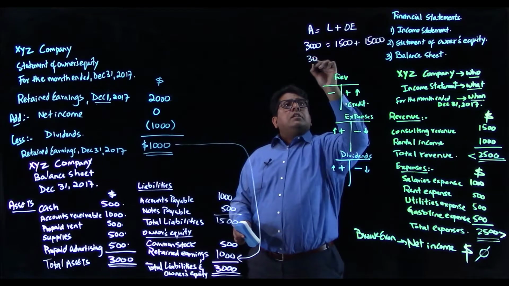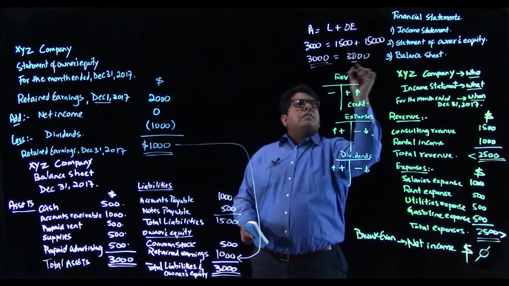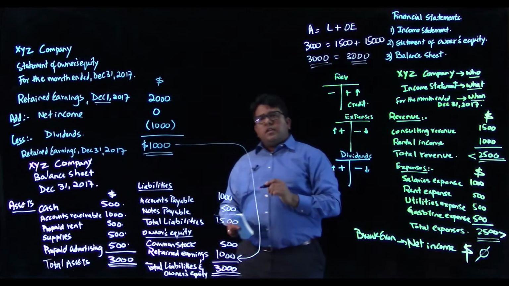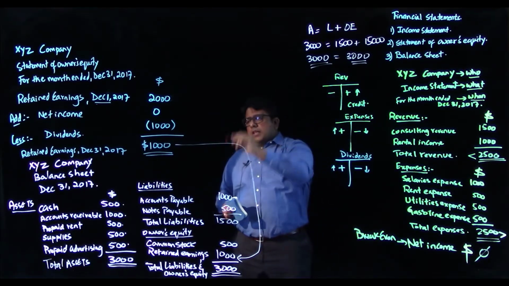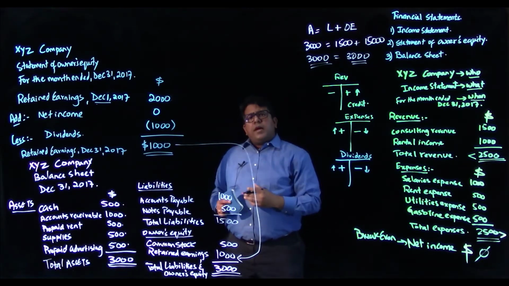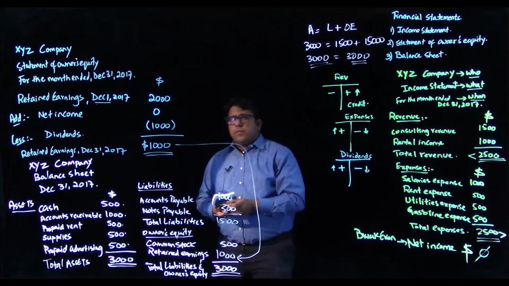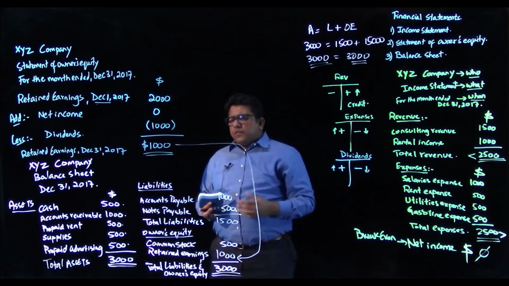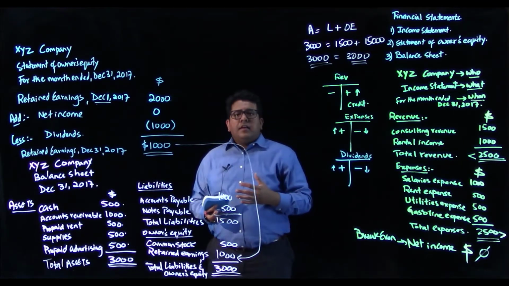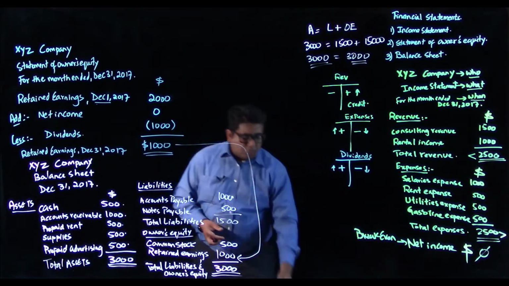So 3,000 equals 3,000, which proves that this statement is correct. It gives you the whole breakdown of the structure of your balance sheet, which I've explained in a lot of detail, just to give you an idea of how the financial statements process works.